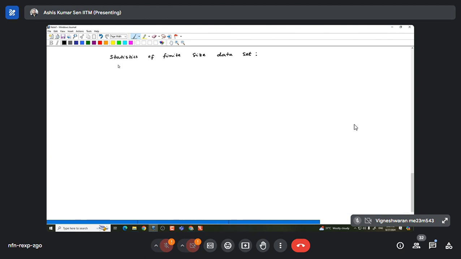For a finite size data set, typically n is less than 30, and when n becomes greater than 30, we say it is a large data set. You are trying to predict the behavior of the population by doing a small set of measurements in the form of a sample.